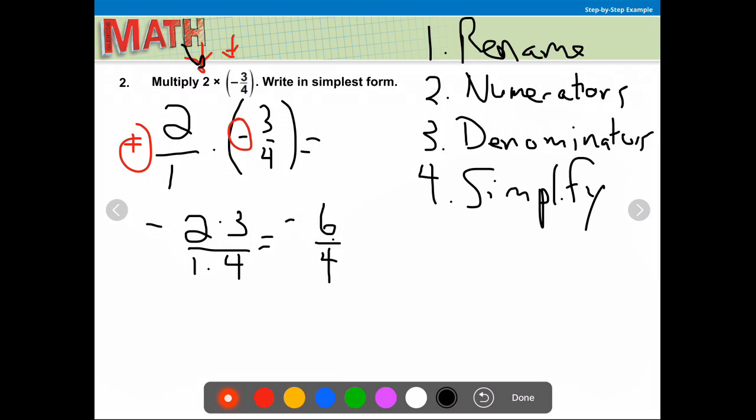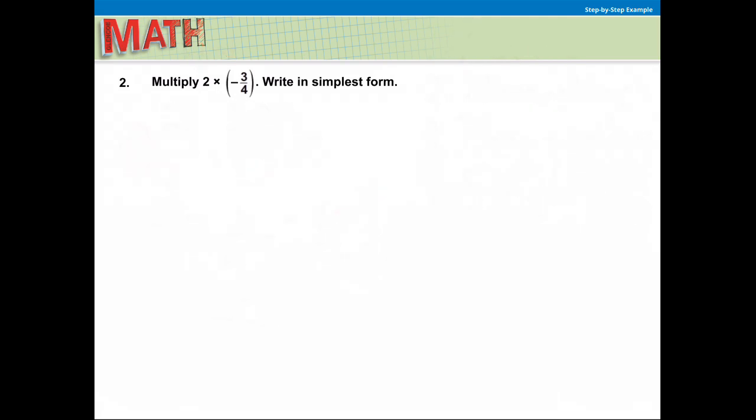So here we can see 6 is 2 times 3, and 4 is 2 times 2. And I can get rid of those 2's, and so my answer is negative 3/2. Okay, so let's move on. We'll do it one more time, something similar.